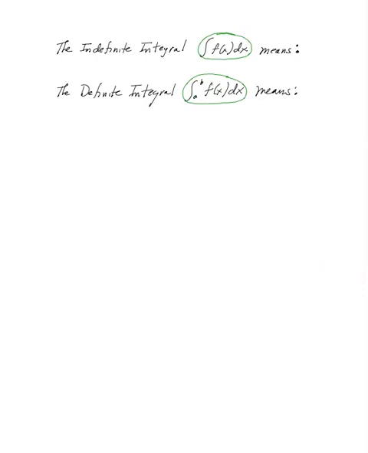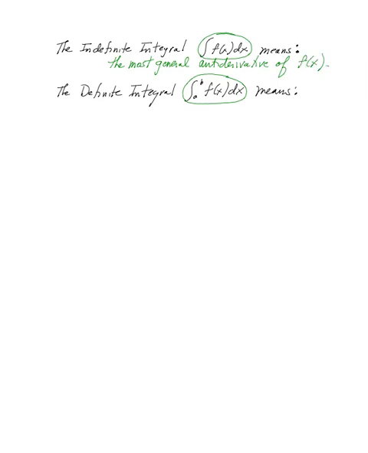Okay, did you write that the indefinite integral of f of x dx means the most general antiderivative of f of x? And by most general, we mean you've got a constant plus c.